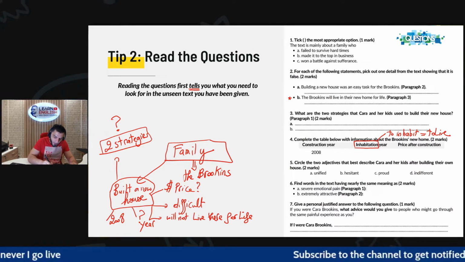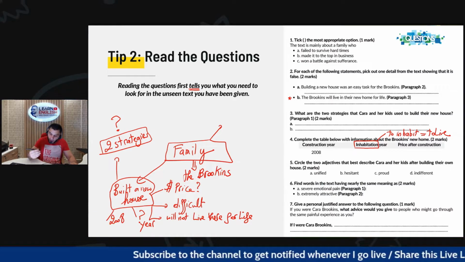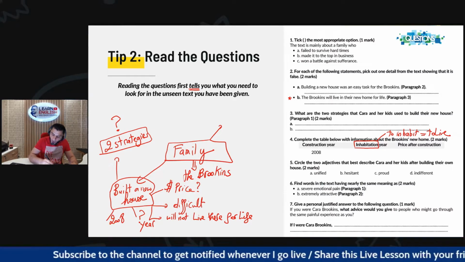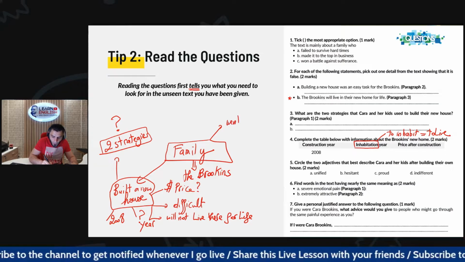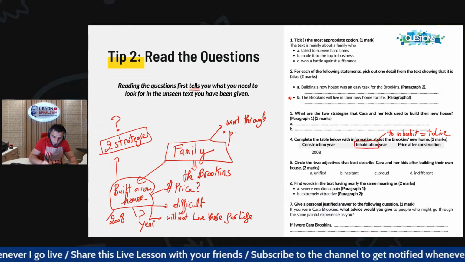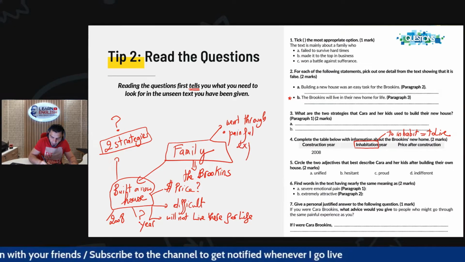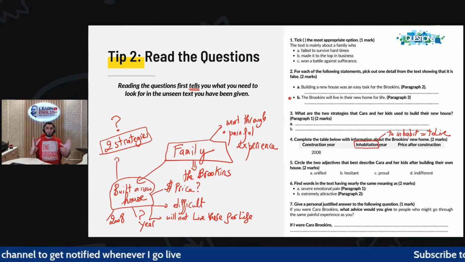So from this question, we have learned that this family went through a painful experience. So you see, this is what the text is about.